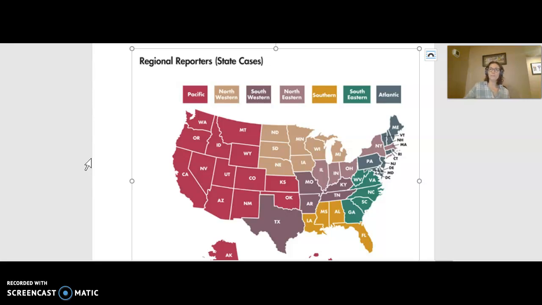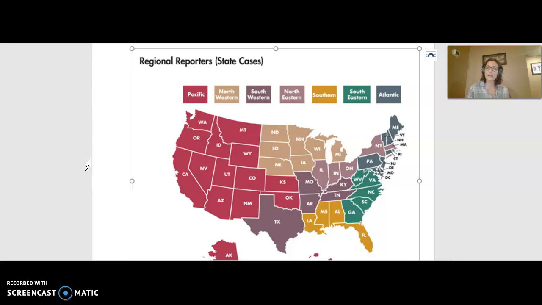If you remember, we talked about reporters being books that publish cases, just like dictionaries are books that publish words. But there's not just one reporter where cases are published. We already know that. We know that there's multiple reporters. And so what West did was get into the business of publishing cases.